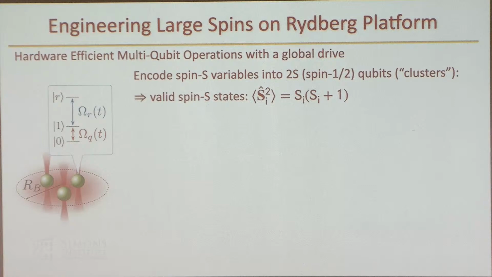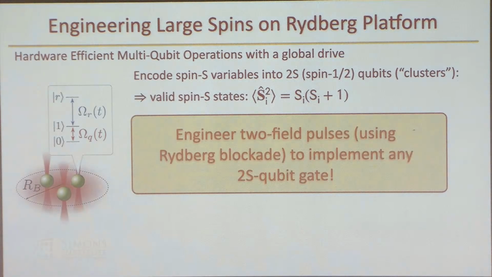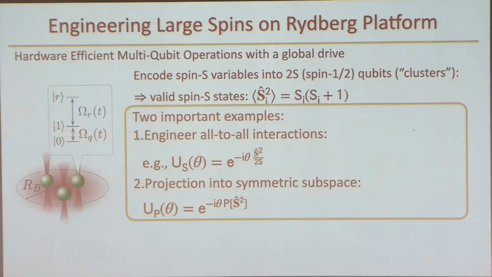So that means that for our interactions, we need several important 2S qubit gates. In principle, we need any, but in particular, 2 are important. The one is we need all-to-all interactions, which we just take here to be any kind of Heisenberg. And the second is the projection into the symmetric subspace.